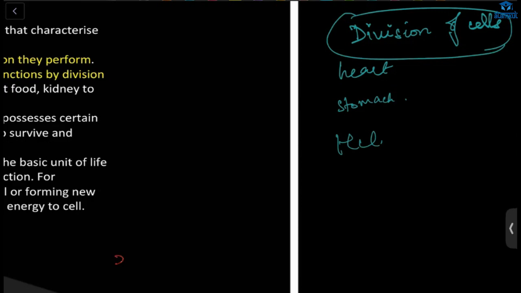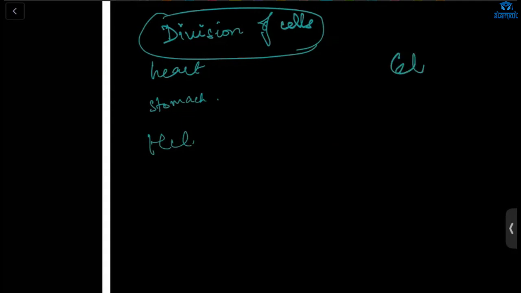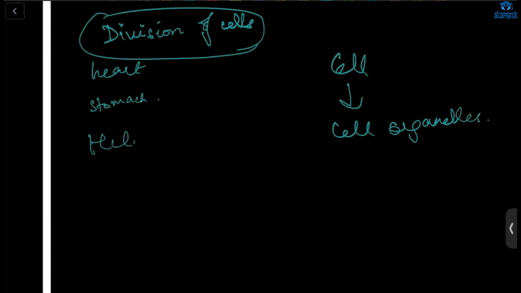Each cell has certain specific function which it performs. And also inside the cell itself there is division of labor, done by the cell organelles. Each cell organelle will perform different functions.